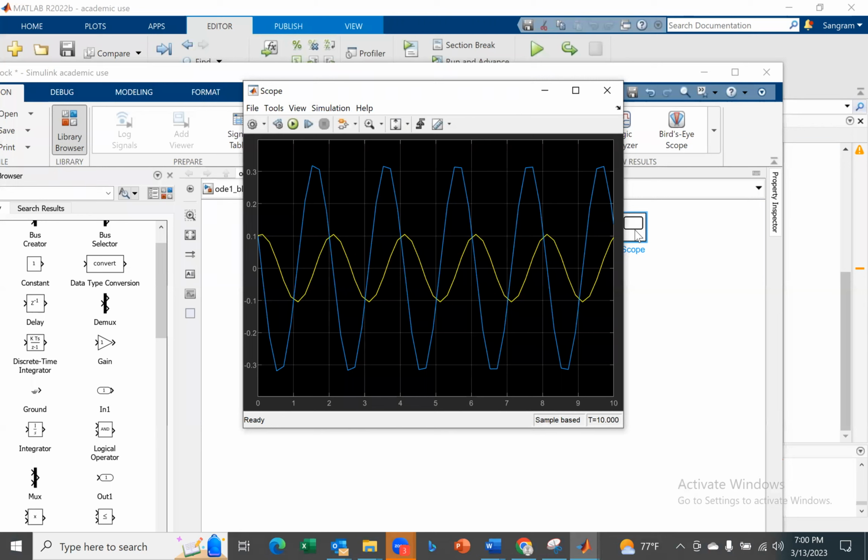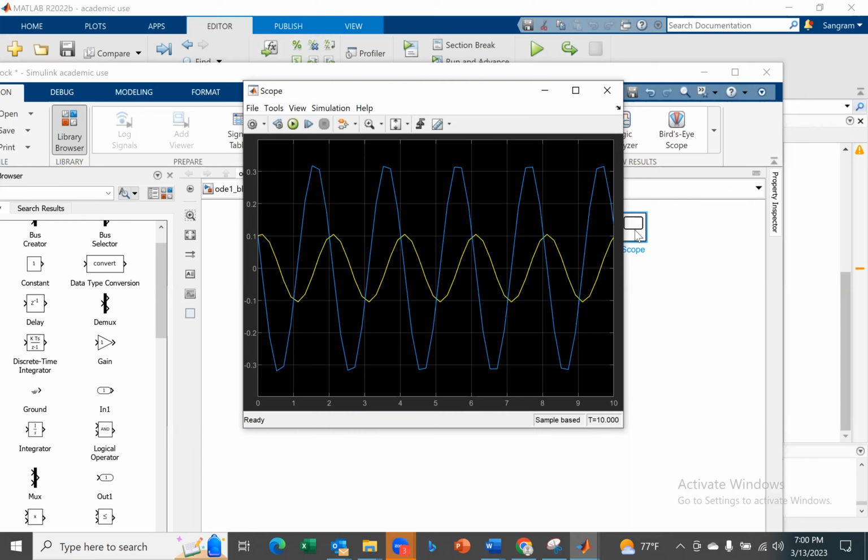You can see you have initial condition and you have velocity. Displacement is yellow and velocity is blue. The only difference between this plot and the previous plot is I did not multiply the plot by pi by 180. Are you with me so far?